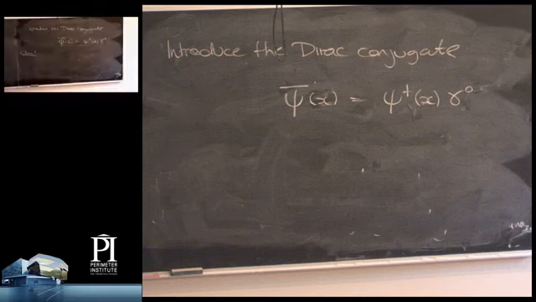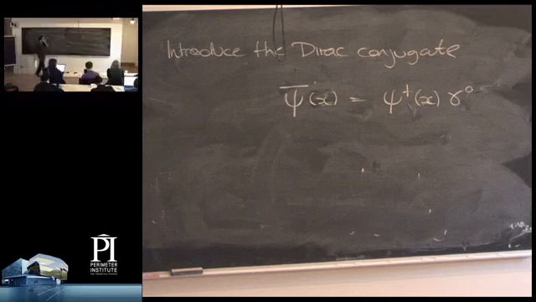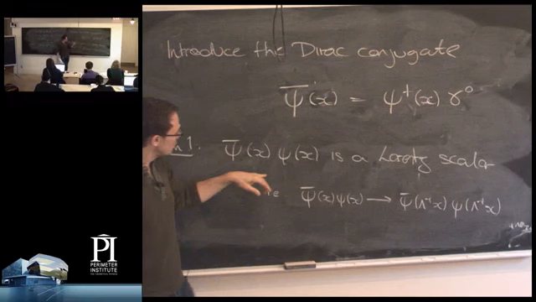So now I want to tell you how you can start to construct Lorentz scalars. The first claim is that if I take psi bar psi instead of psi dagger psi, that's a Lorentz scalar, by which I mean that when I do a Lorentz transformation, the only thing that happens is the argument x changes.